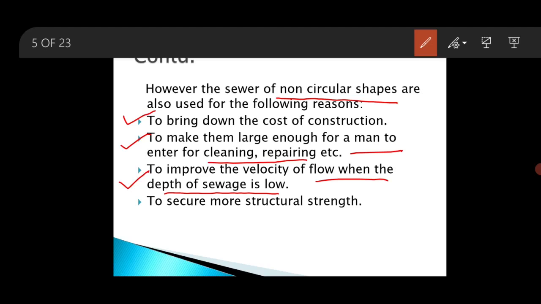So in order to overcome that demerit, sometimes we use non-circular shape sewers. These are also used in order to secure more structural strength. So these are some reasons why sometimes we go for non-circular shape sewers.